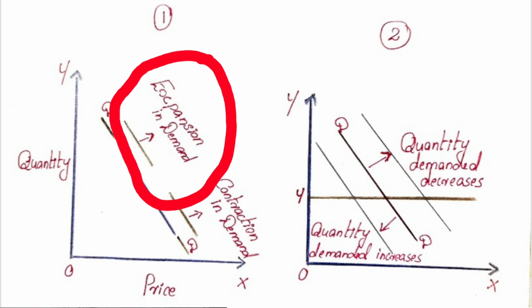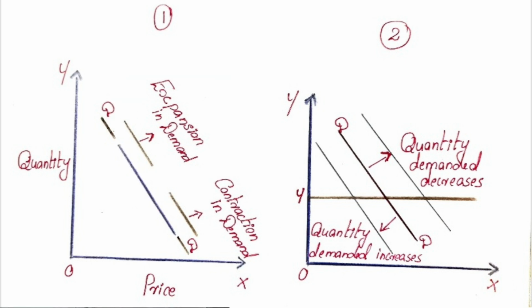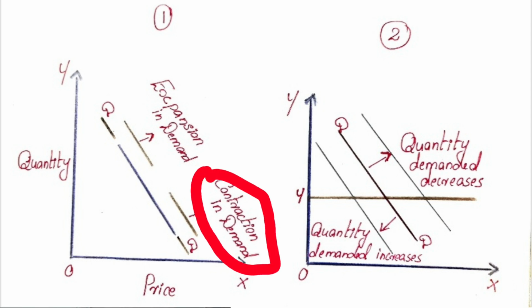It is contraction in demand, which means if the movement along the demand curve is upward, it shows that there is a contraction in demand. You can see the downward movement which shows contraction in demand. Is it right? No, it is wrong. If the movement is downward, it shows that there is an expansion in demand.